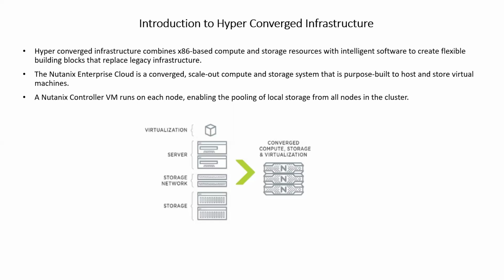When we install the Acropolis hypervisor, the controller VM will be there itself. If we check, there will be a virtual machine running on top of that node, and that will be a controller VM. And we can't migrate that controller VM to any other node.